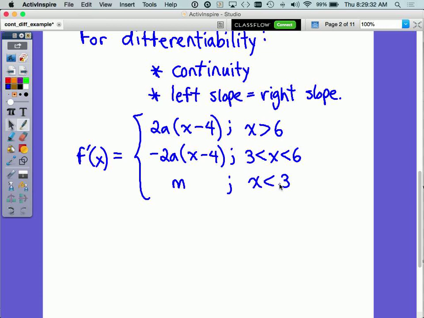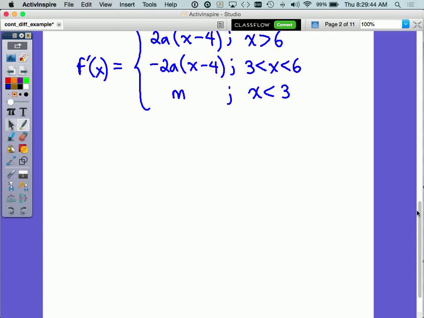Notice I have not included any equal signs in here because I don't know if the derivative exists at these endpoints, because I don't know if it's going to line up yet. So I have to be a little more careful with that. What I want to know is, is it differentiable at 3? So I need the limit as x approaches 3 from the left of f prime at x to equal the limit as x approaches 3 from the right of f prime at x.